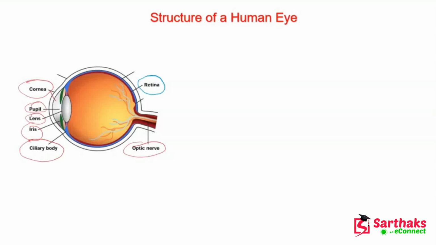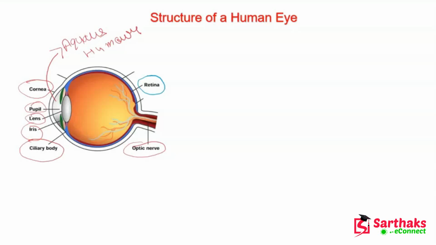And there is another thing as well, this is the aqueous humor. This is a liquid which has a water-like consistency. Okay guys, I hope these things have been clear to you.